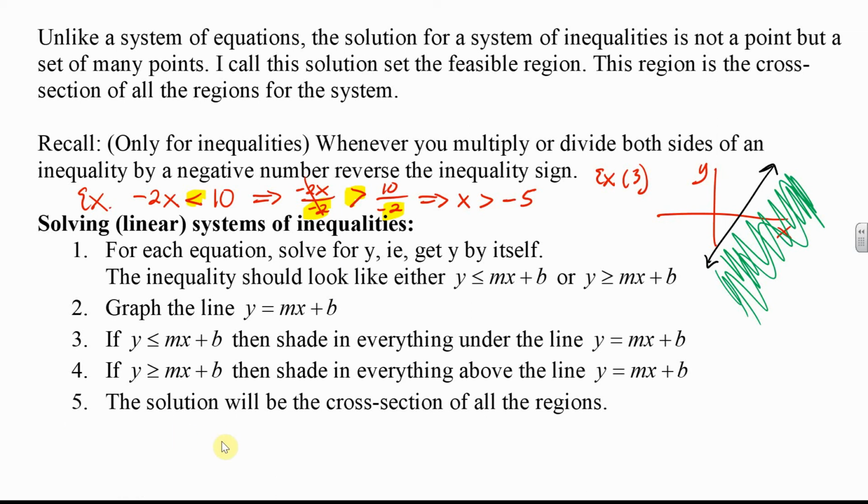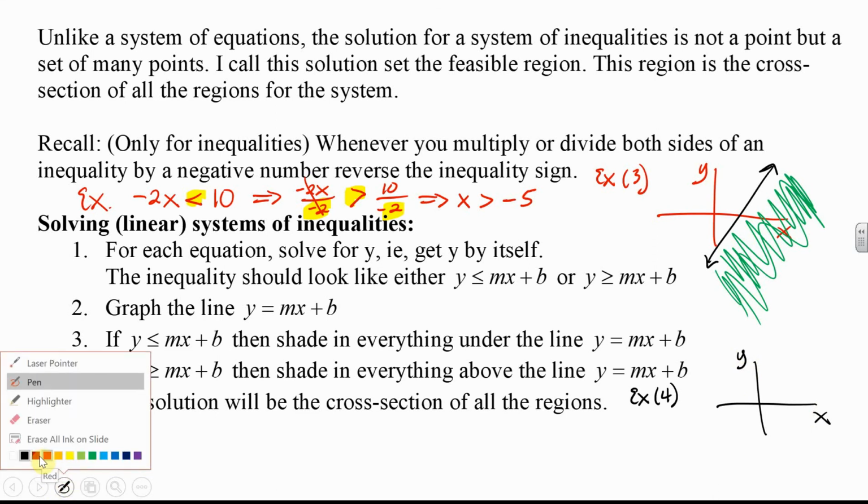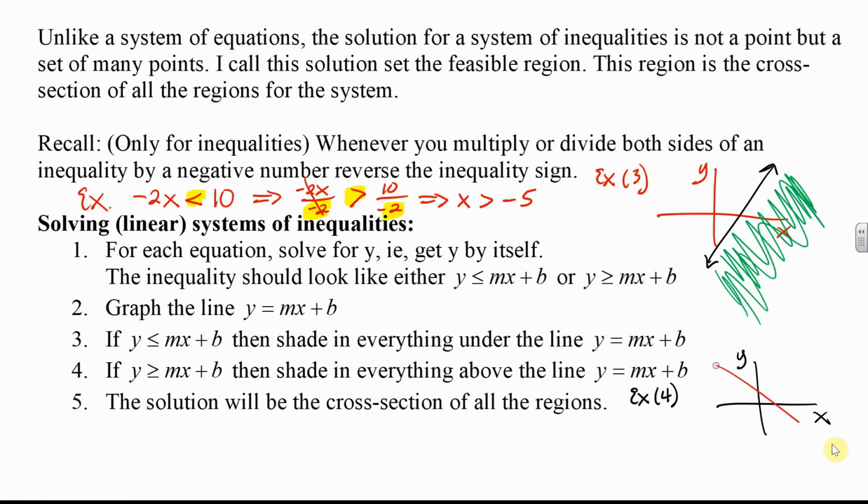And then an example of 4. Say, for example, if we have this line, and here for 4 it says y is greater than, so I'm going to shade in everything above the line.